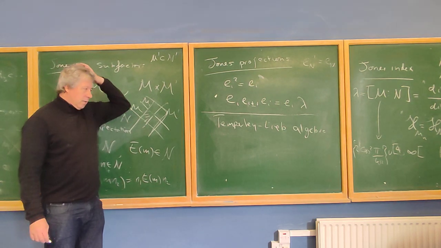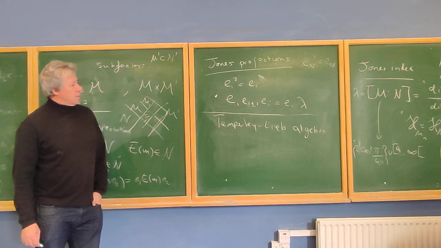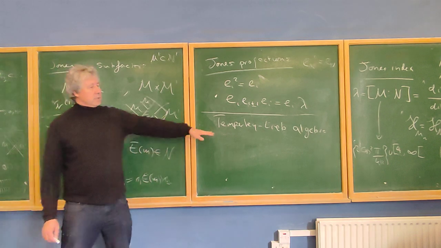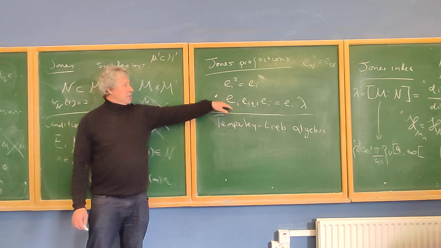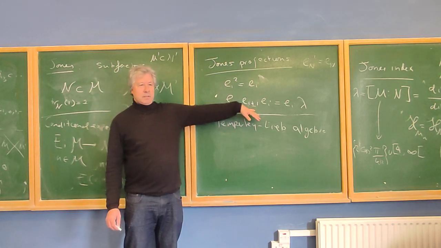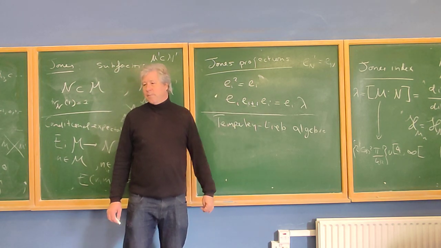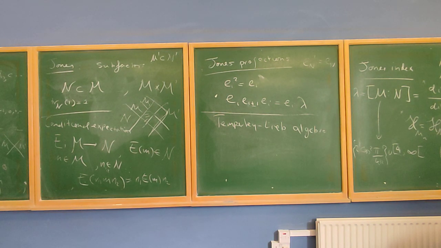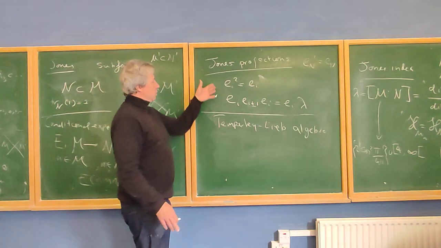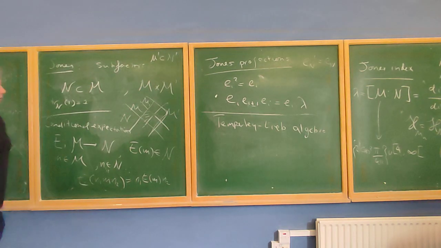The key insight of Jones is that he realized that this algebra is related to the braid algebra. The braid algebras have very similar relations, but it's not identical. But the beauty is also that he realized how to represent this geometrically, because that's also where we can understand these relations.